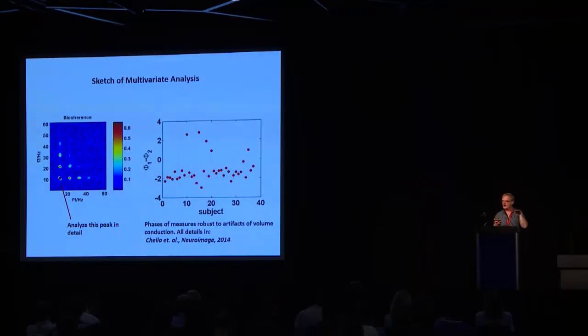You can calculate phase differences between two sources, and then you can see across many subjects that there's a pretty stable phase difference. I want to point this out because usually it's extremely difficult to observe anything which is stable across subjects. Most of the time you find enormous variation of anything you calculate across subjects.